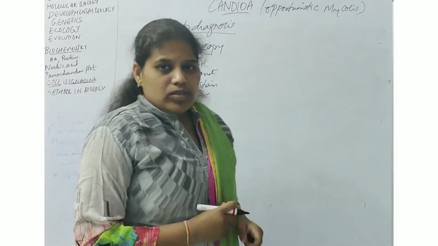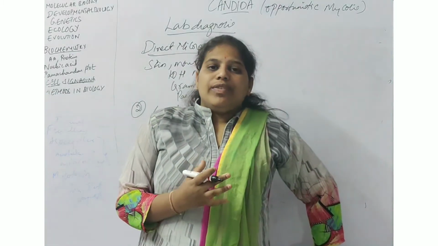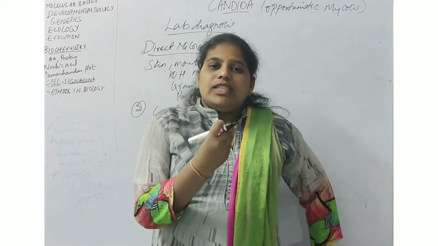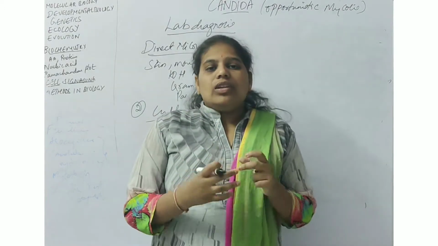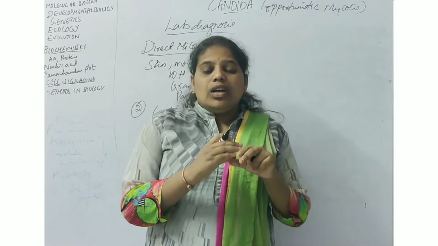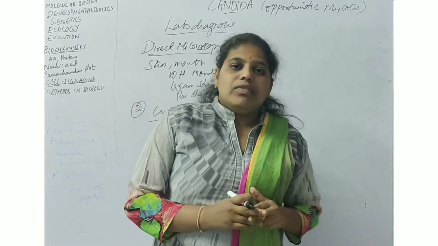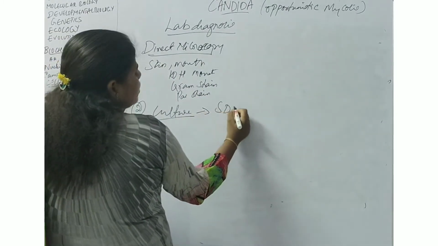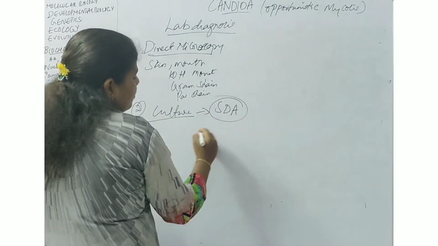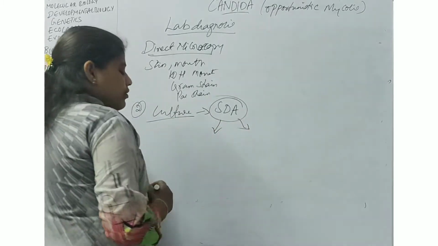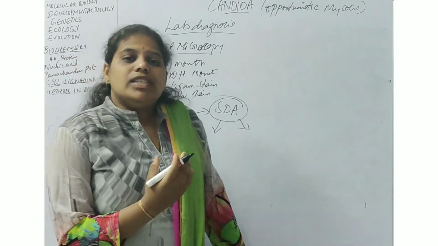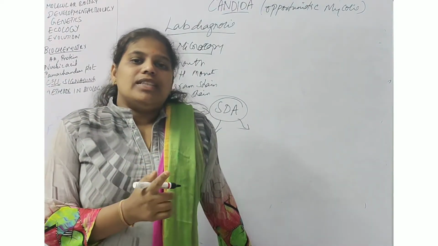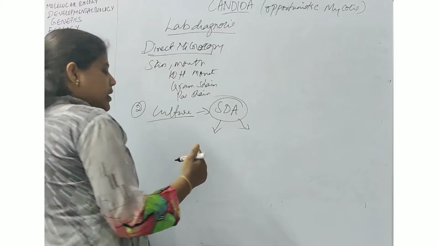In direct microscopy, if we observe pseudohyphae under the microscope, it means colonization is occurring. After entering as a yeast cell, it starts colonizing in our body, and during the colonizing phase we observe the pseudohyphae. In culture, we use Sabouraud dextrose agar. As I have said, the yeast form is seen at 25 degrees and the mycelial or hyphal form at 37 degrees, so we culture at two temperatures.